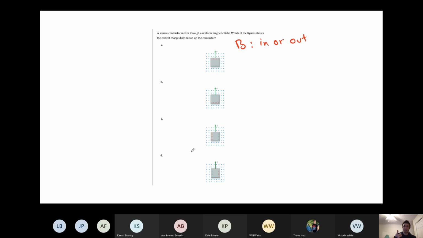Your velocity is up and your magnetic field is pointing out, so the charges will feel a force to the right. So which one would be the right distribution?